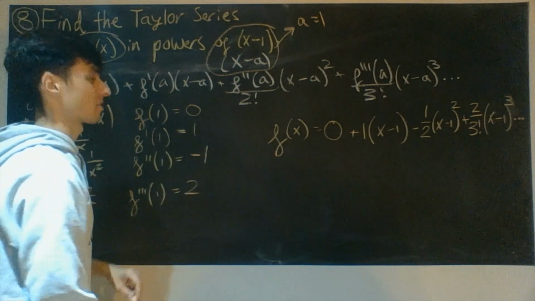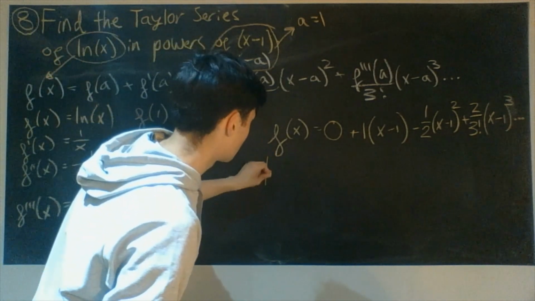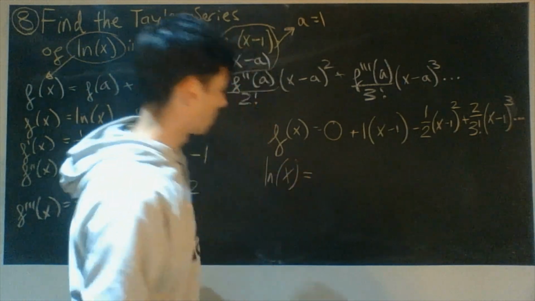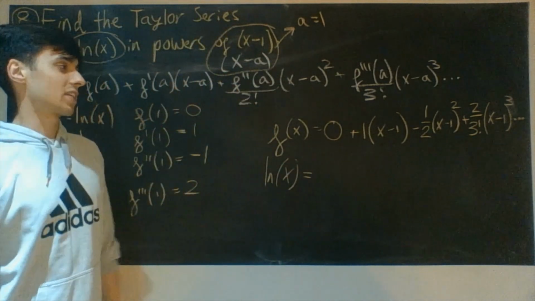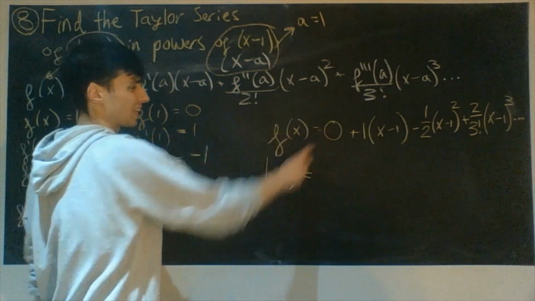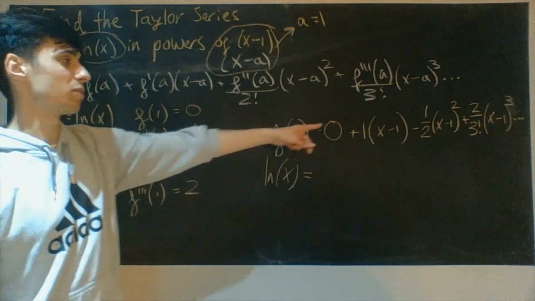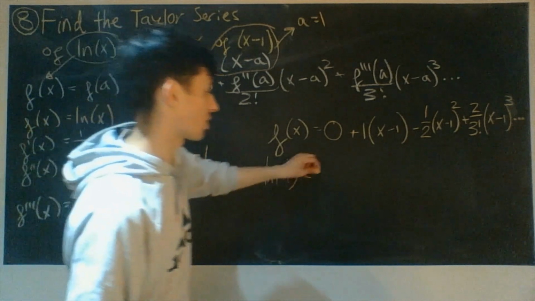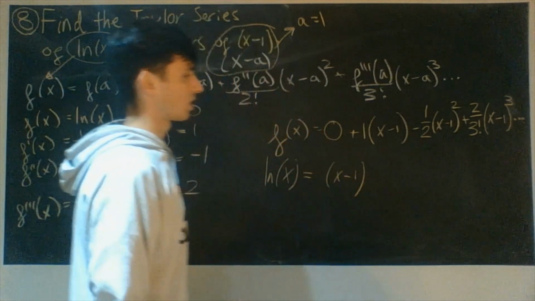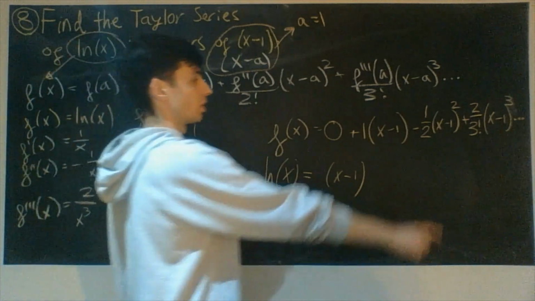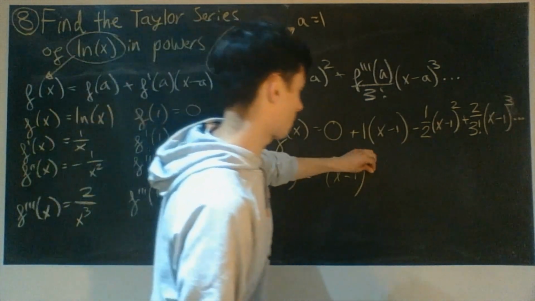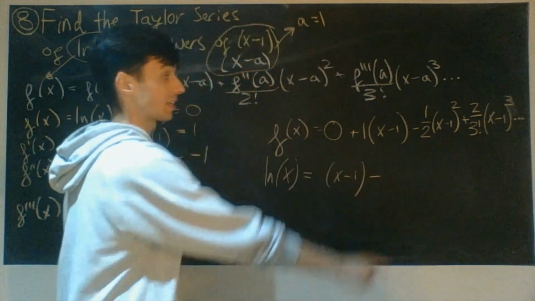I should be a bit better. Instead of writing f of x, ln x should go here. So our ln x, if we sort this out a bit nicer, we can get rid of the 0. So we've just got x minus 1 as our first term. Our second term, we're happy, is x minus 1 squared over 2, and it should be a minus as well.